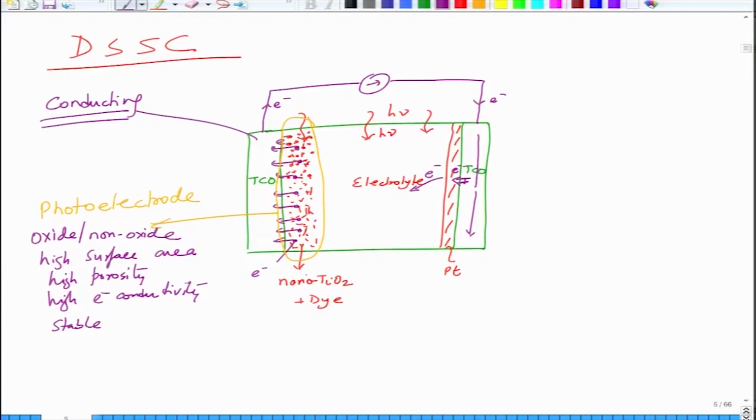Then we have the dye photosensitizer. So, this is for this TiO2.